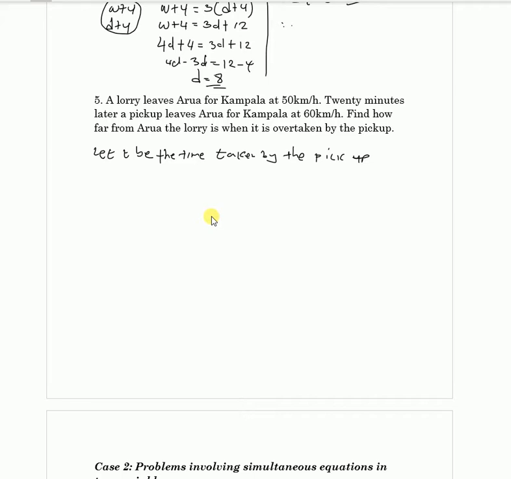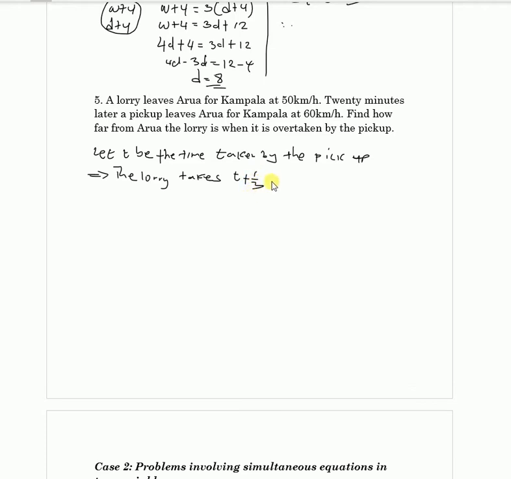So the time for the lorry will imply that the lorry takes a time which is t plus a third of an hour.